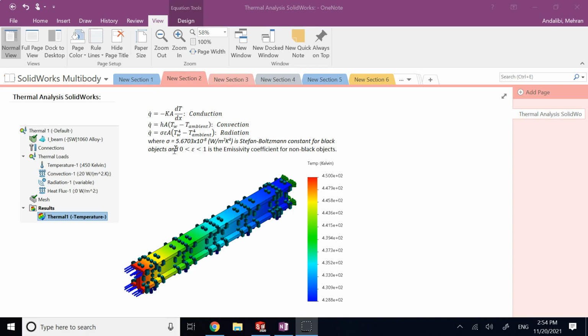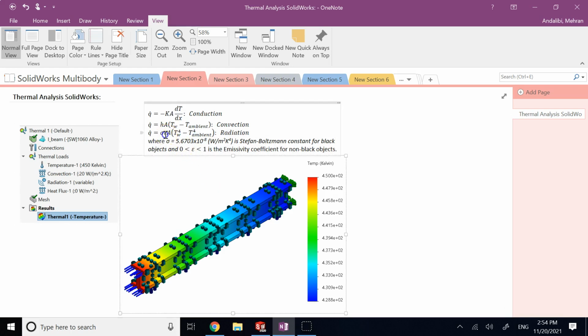And this is basically showing the heat flux of radiation for black objects, the objects that are doing the maximum radiation. For objects that are not perfectly black, like gray objects or any other color, the amount of radiation is a fraction of sigma A (T_W to the 4 minus T ambient to the 4).